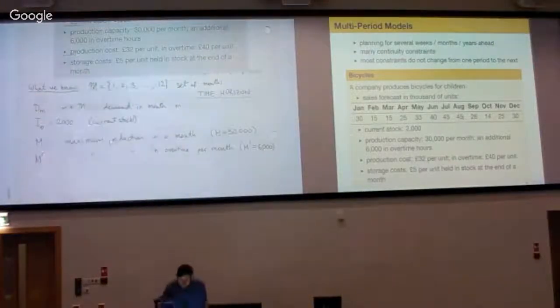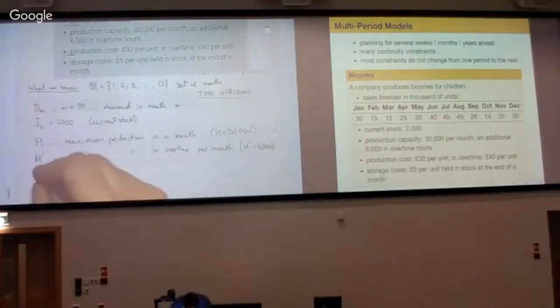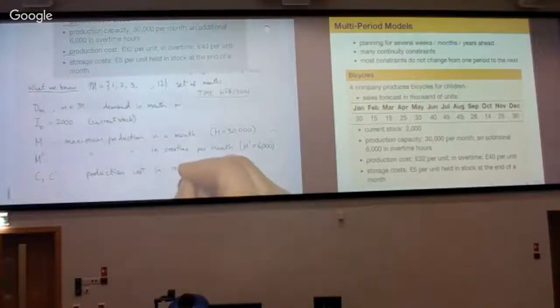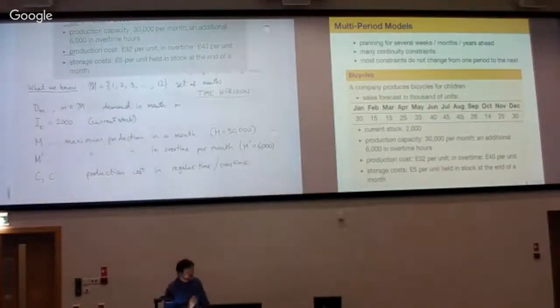Next thing it tells us is the production cost. So I'll call it C and C dash is the production cost, in regular time and in overtime.